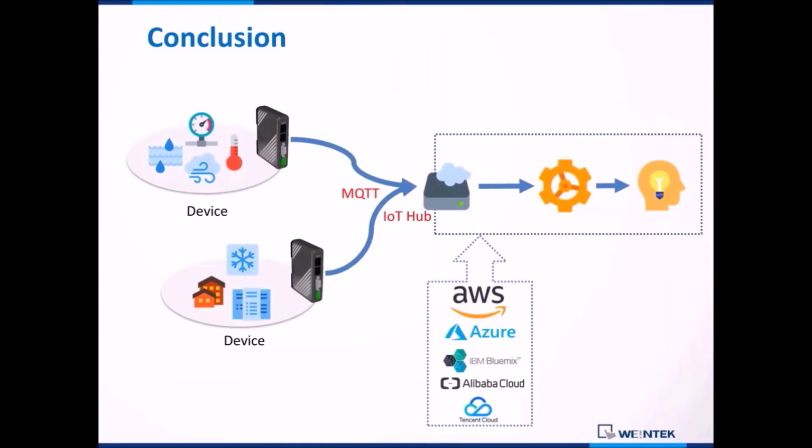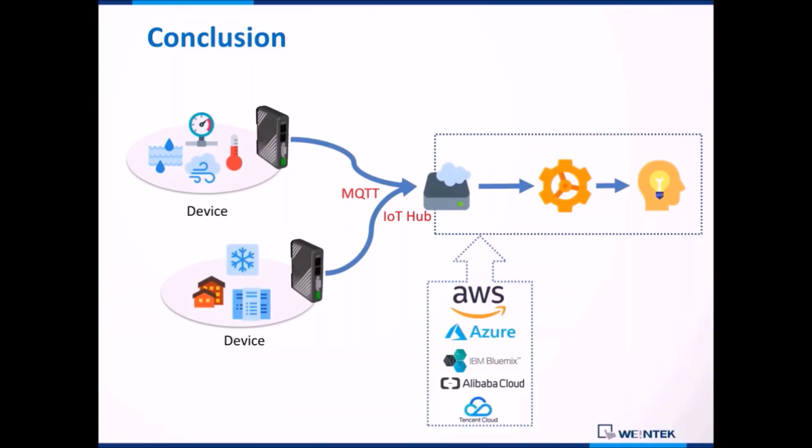About what we have been doing today. Today we've been focusing on how, as an HMI, we take the PLC's data and send it through MQTT to an IoT hub. Whether this IoT hub is AWS, Azure, or IBM, we have already done it.